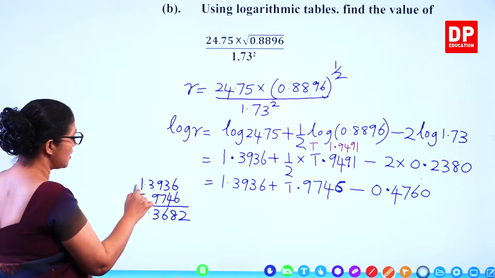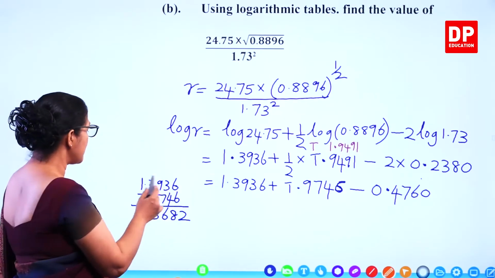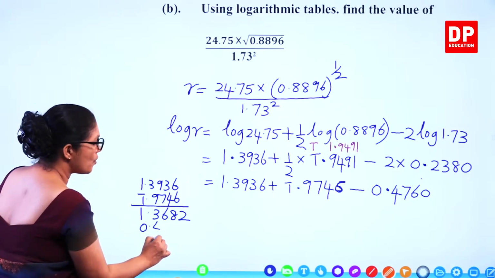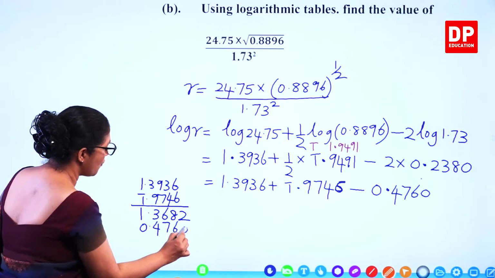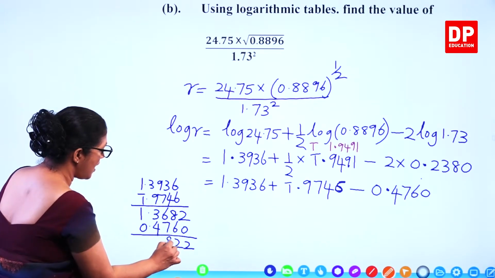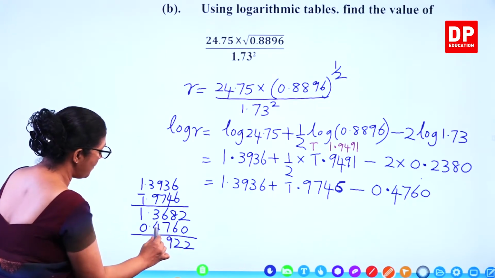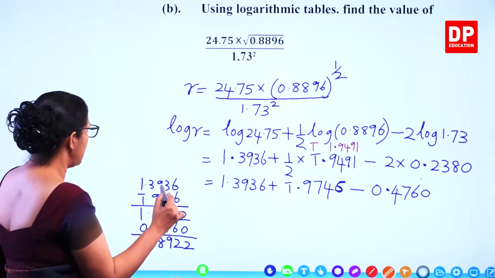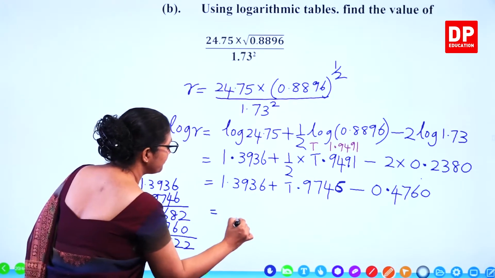So you get 1 and bar 1 get cancelled out. You get 1. Now we have to subtract 4760 from that. 2, 2, 9 plus 7, 16, 1 remaining, that's 5, 8 here. 0.8922.